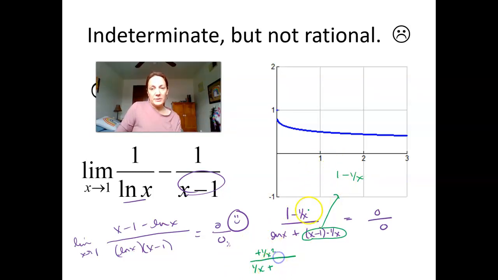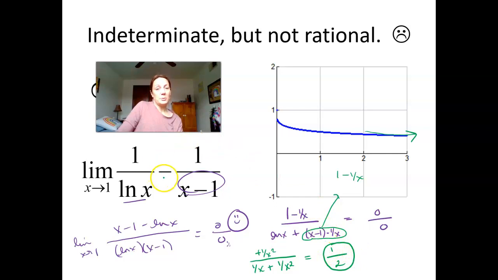So when I take the derivative of 1 minus 1 over x, I get another plus 1 over x squared. And when you evaluate that at 1, you get 1 over 2, which you can clearly, well, maybe not so clearly see, but you have an asymptote there at 1/2. And that's our answer.